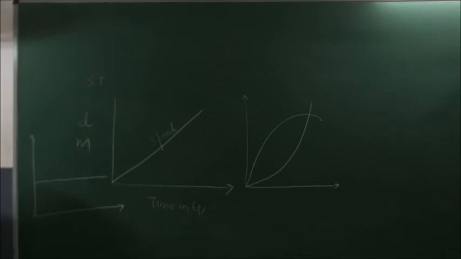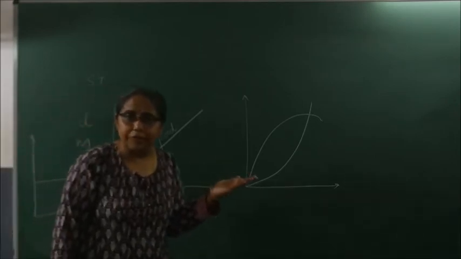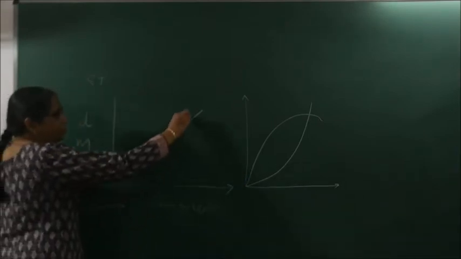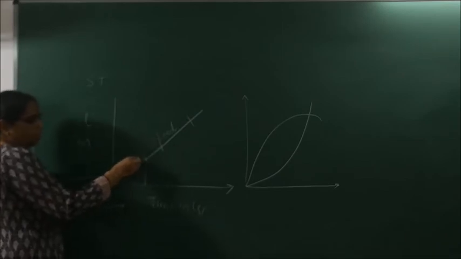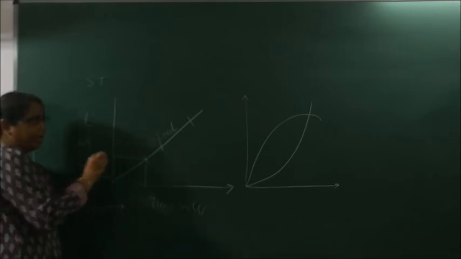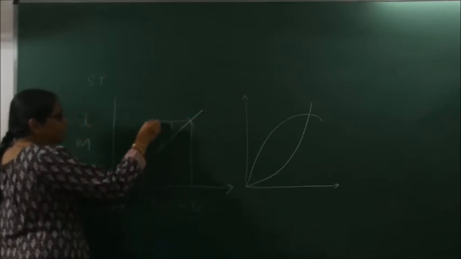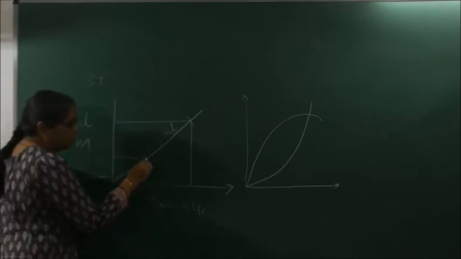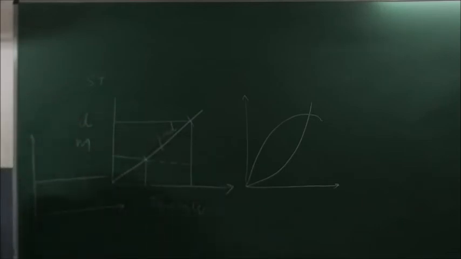X-axis. Clear? The slope of the distance time graph always gives me the speed. To calculate speed between two particular points, I will put a perpendicular to the x-axis and to the y-axis. From the final point also, a perpendicular to the x-axis and to the y-axis. Then extend this perpendicular so that it touches the perpendicular on the y-axis.